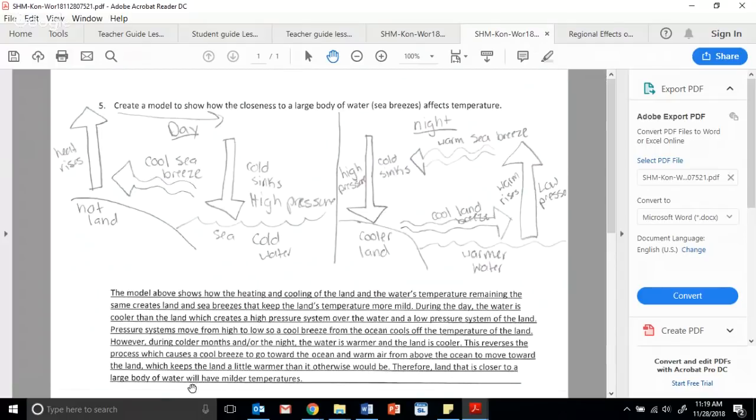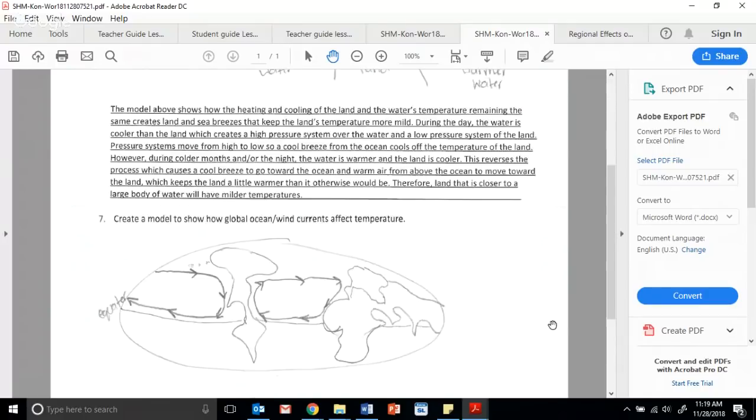Therefore, land that is closer to a large body of water will have milder temperatures, okay? So there I'm explaining the why, talking about the sea breezes, and then the how, explaining that any city or land or state that's close to a large body of water is going to have temperatures that are a little bit more mild.